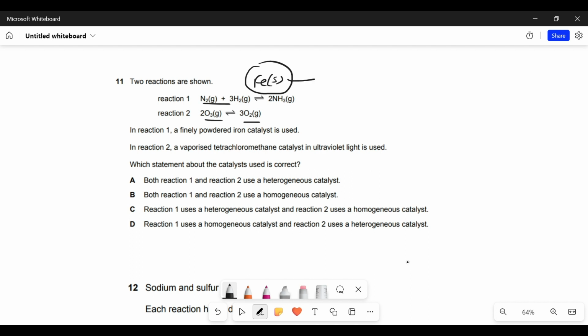In reaction 1, the physical state of catalyst is solid, whereas the physical state of reactant and product is gas, hence it is a heterogeneous catalyst. In reaction 2, the catalyst used is CCl4 gas, which is same as the physical state of reactant and product, hence it is homogeneous catalyst.